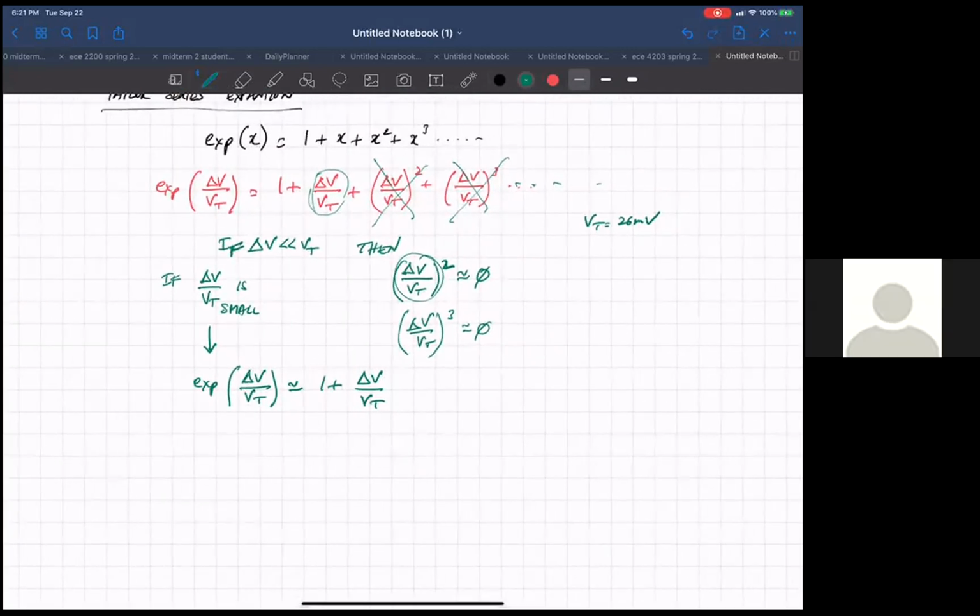So we would just have to check what the problem is specifying, how much we increase the voltage or the current, and then we can specify if we can use this or not.